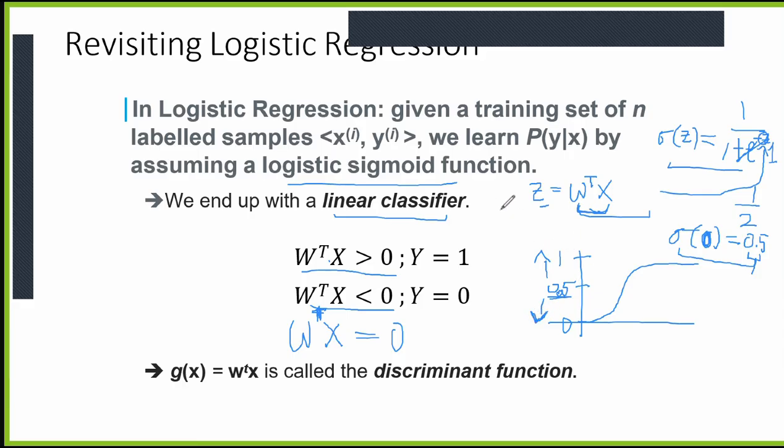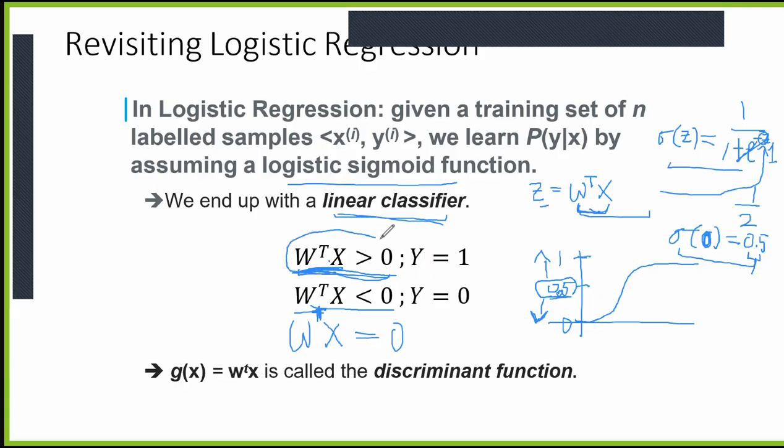So basically, what determines the classification with threshold 0.5 is this linear function, even though the logistic sigmoid function itself is nonlinear.